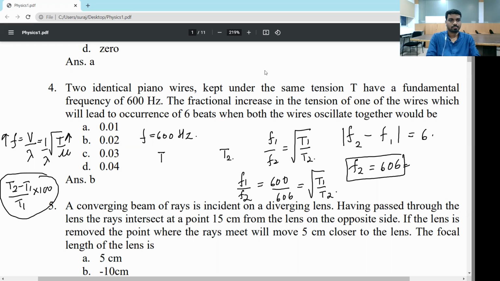Fine. Now with this we need to find T2 in terms of T1.